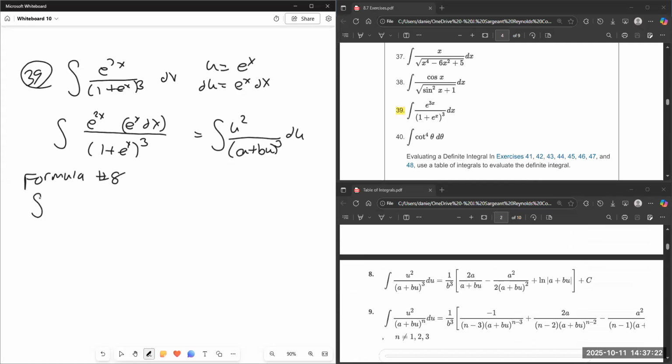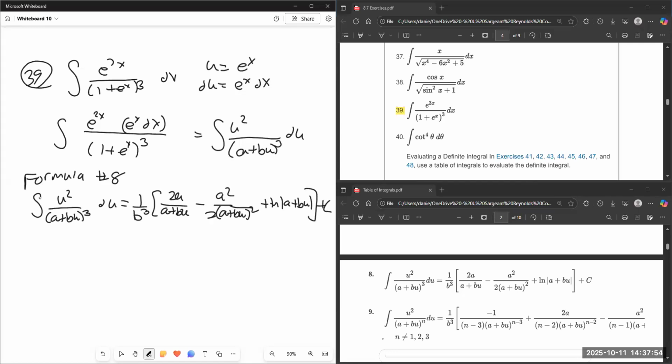And it says integral u squared over a plus bu cubed du is 1 over b cubed times 2a over a plus bu minus a squared over 2 times a plus bu quantity squared plus ln of a plus bu in absolute value bars, all that plus c.